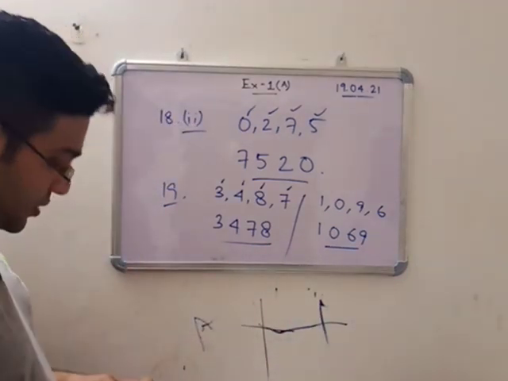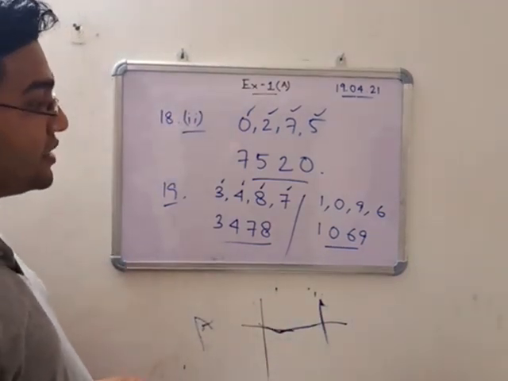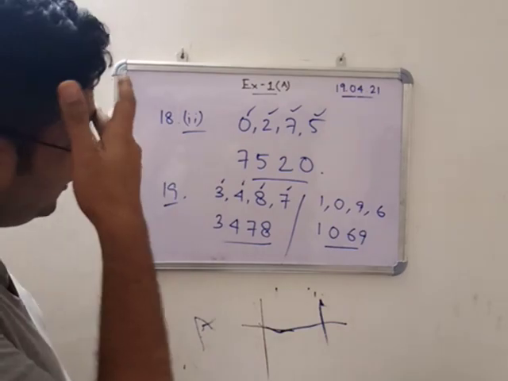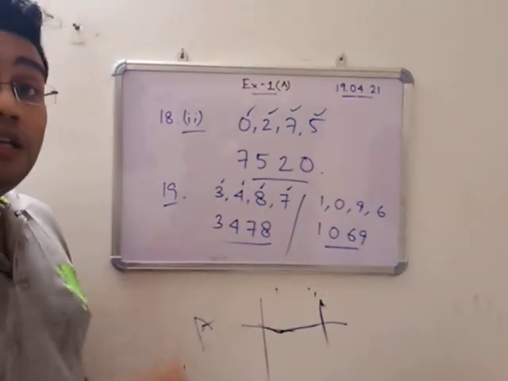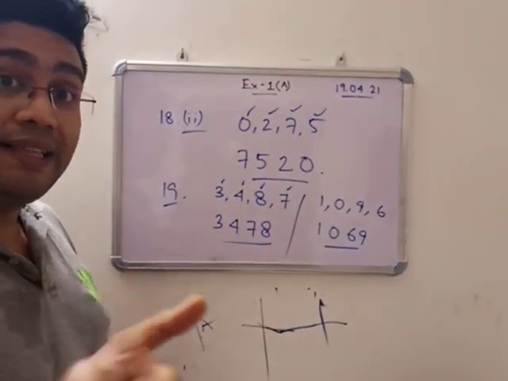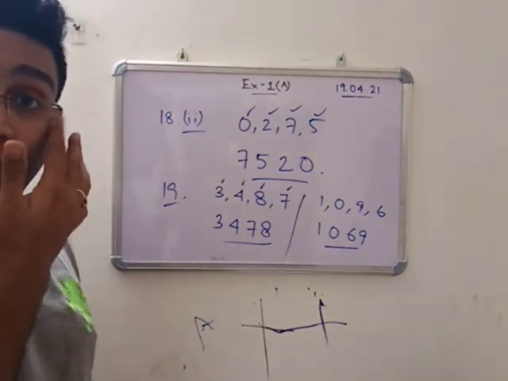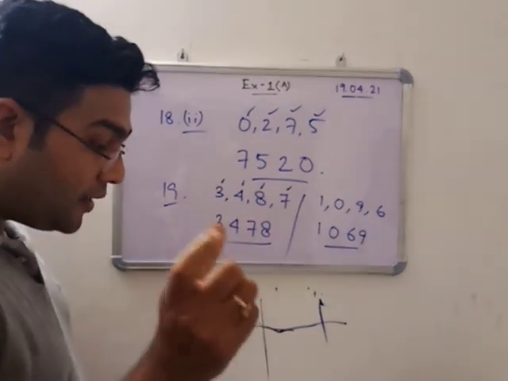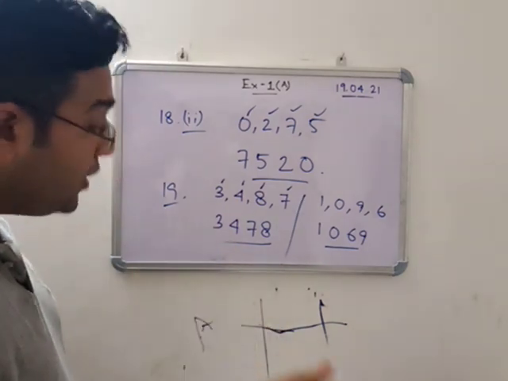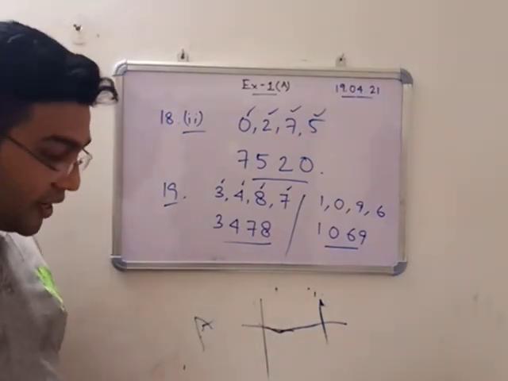Okay. So this is 1069. You have to choose any 4 digits by your own and write the smallest 4-digit number creating these numbers. Now note down.